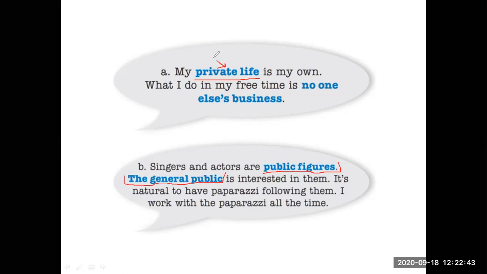When you say the general public, it is when you do something that many people know, or it also refers to not public figures, not famous people. The general public is you and I, students, your family. These are the general public.